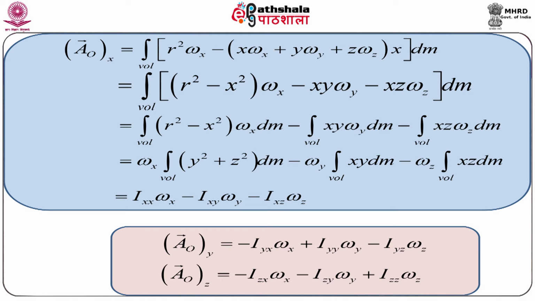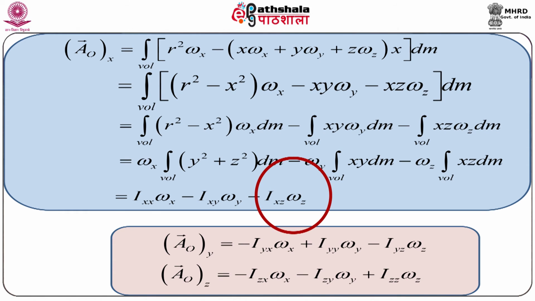This integral gives the moment of inertia about x axis, which is denoted as I suffix xx. Similarly, this gives the product of inertia about x and y axis. This has been written here.